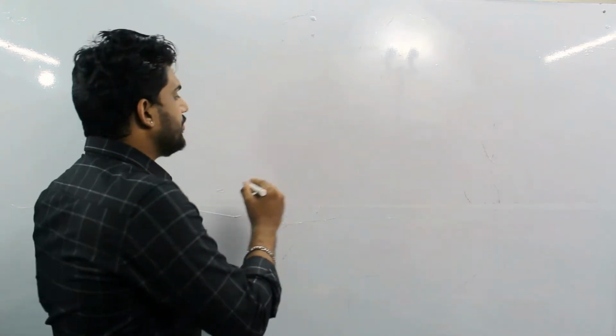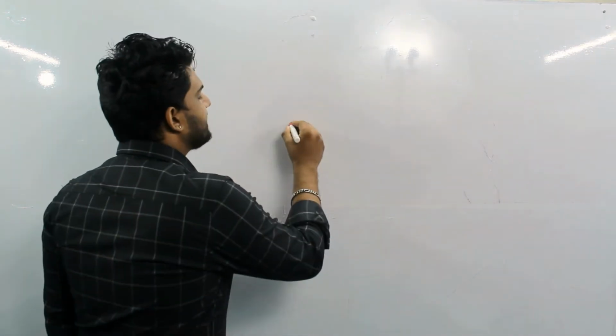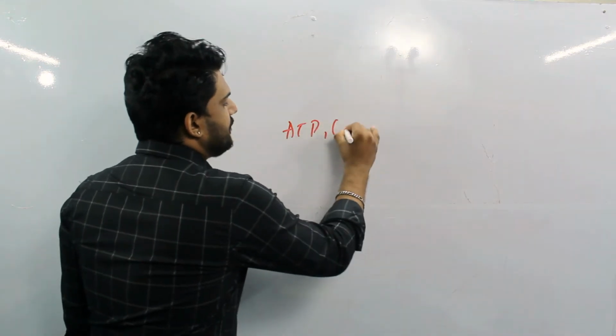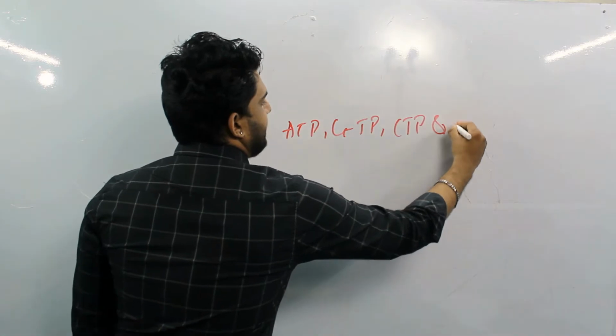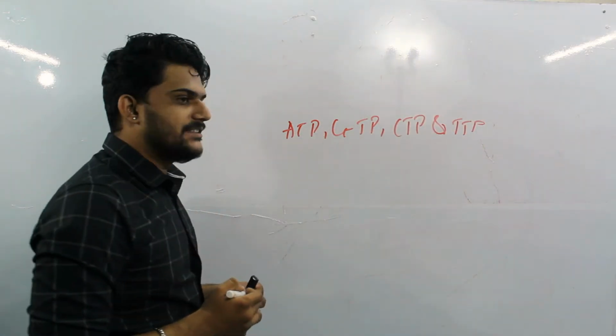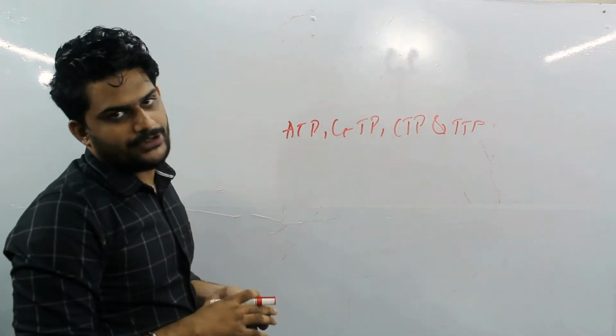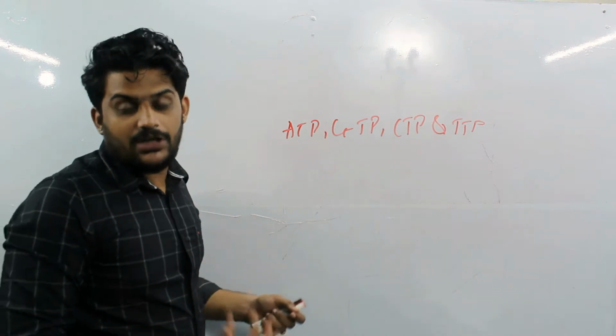The phosphorylated nucleotides are known as ATP, GTP, CTP, and TTP. These are the activated nucleotides which are now ready to bind for replication and act as the raw material.